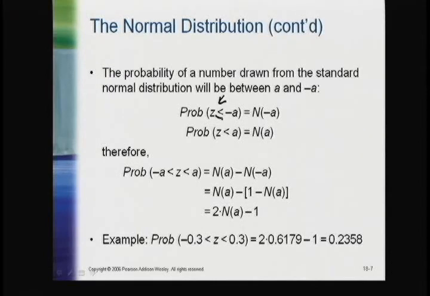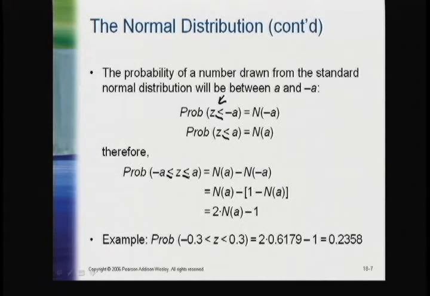But just to be in the habit of putting the equality there, because it certainly does make a difference for some probability functions. Similarly, the probability that z is less than or equal to A is defined as n of A. So if we're interested in the probability that z is in between minus A and plus A, well, it's just the difference between these distribution function values.